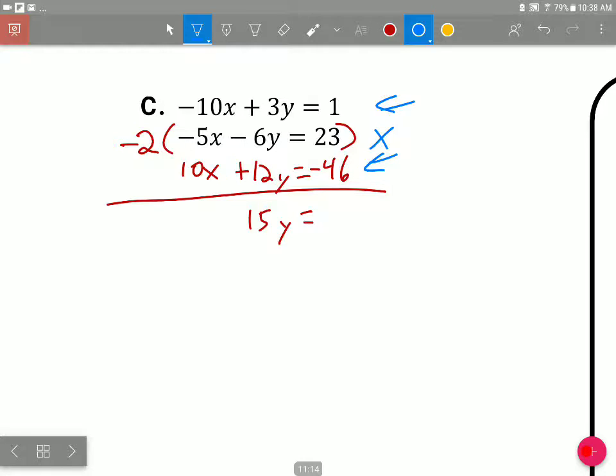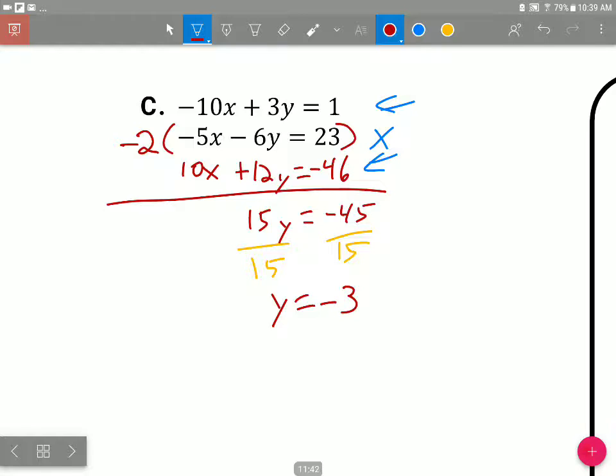What is 1 minus 46? Negative 45. All right? So what's the last thing you got to do? Divide by 15. So in this case, y equals what? 3. Positive or negative? Negative. Cool.